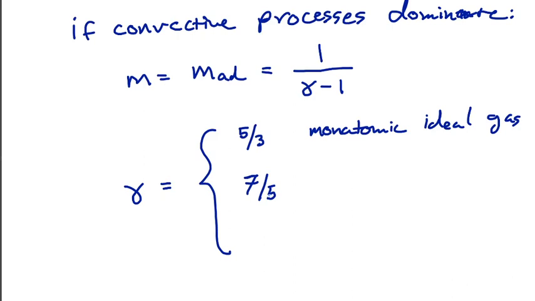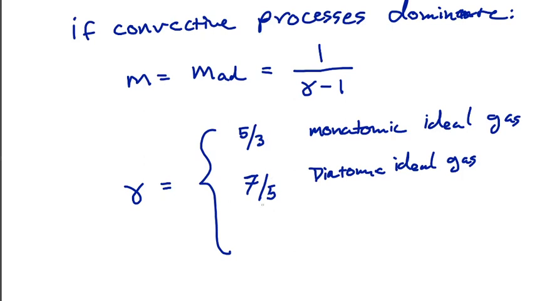So this is the characteristic value of a diatomic ideal gas. The difference between these two has to do with the number of degrees of freedom.